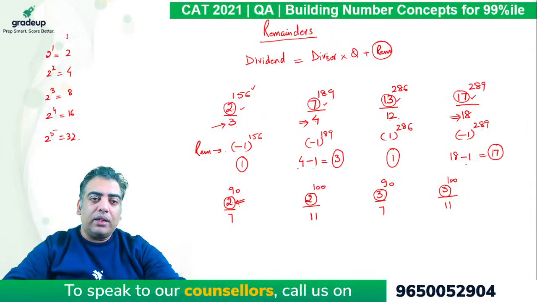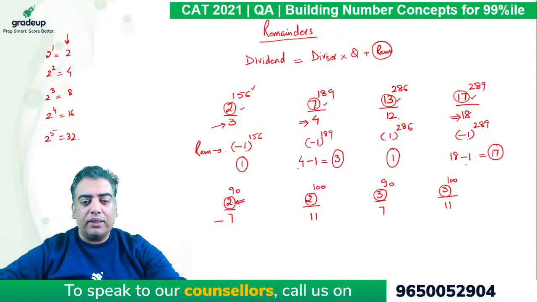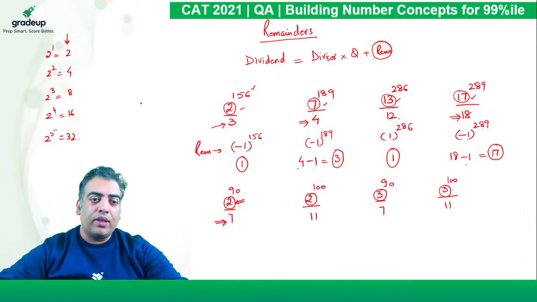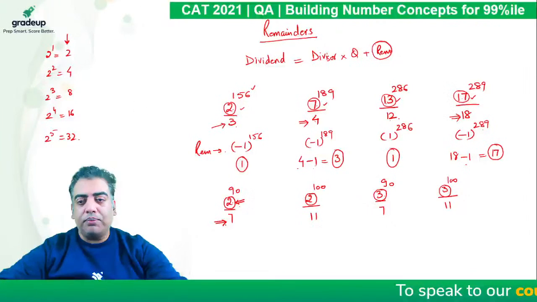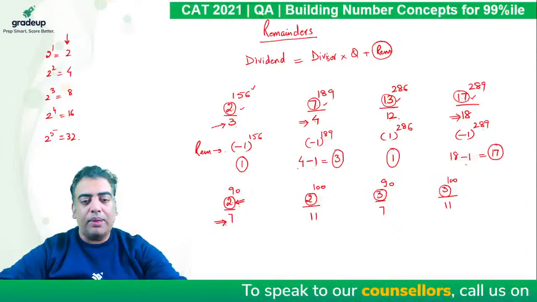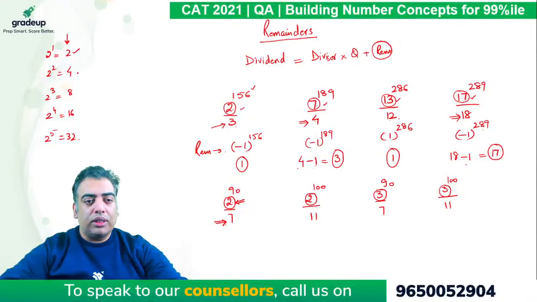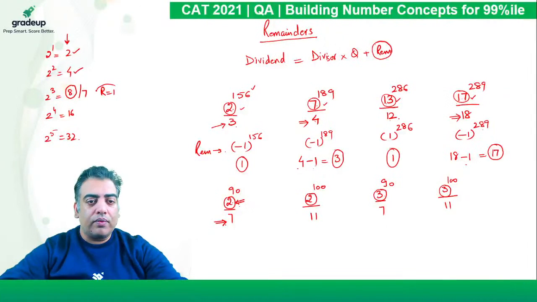And we will check that out of these, which number when divided by the divisor gives me a remainder of 1 or minus 1, which means it should be either 1 more than 7 or 1 less than a multiple of 7. So 2 goes out, 4 goes out. When it comes to 8, 8 when divided by 7 gives me a remainder of 1.